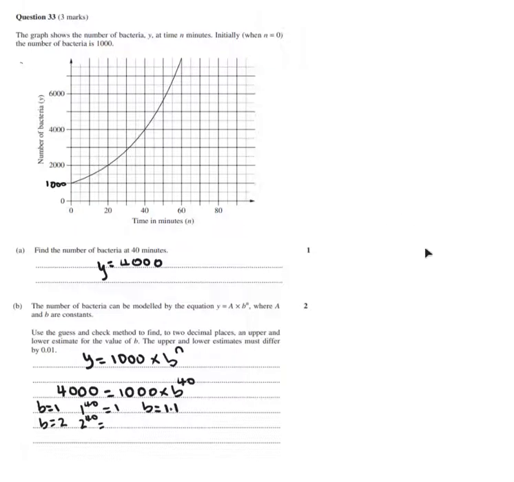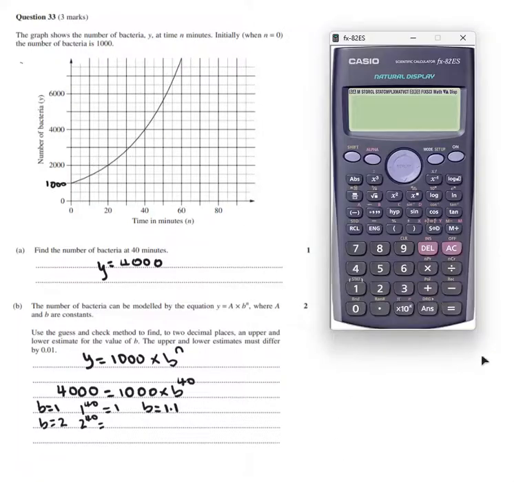So all you would do is go to the calculator and type in your equation, which would be 1,000 times 1.1, I even think that's going to be too big, to the power of 40, and that gives us 45,000. So it's way too big.